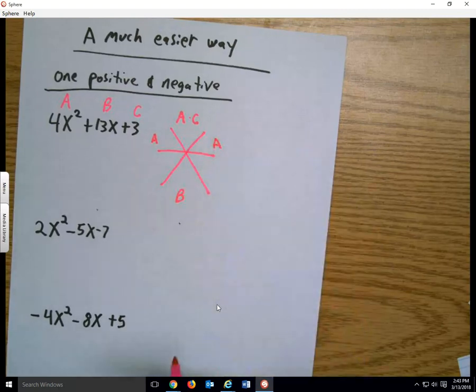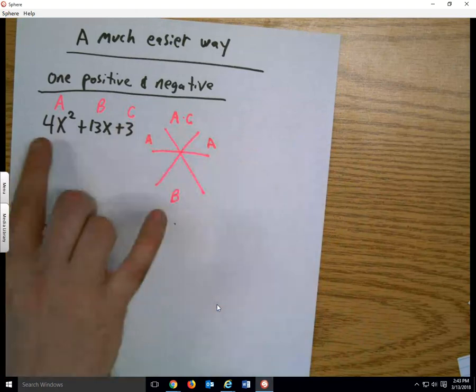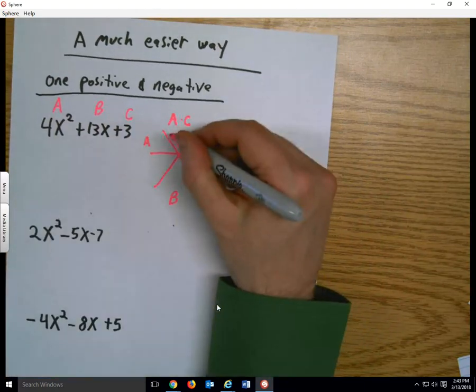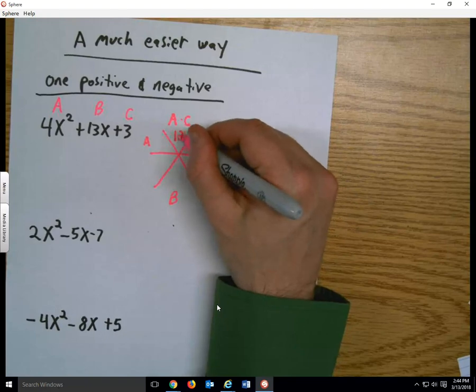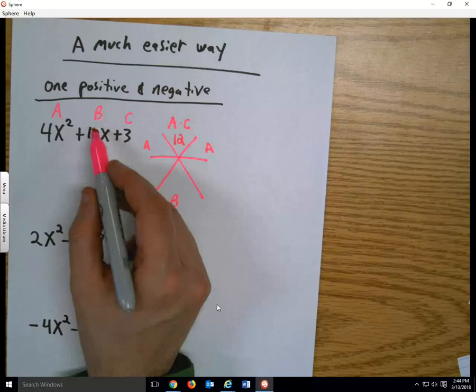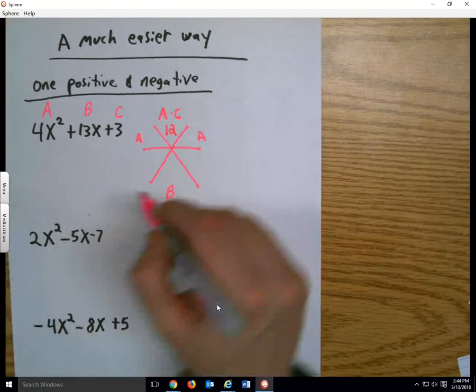It's pretty simple. Okay, so let's go ahead and do that. A times C. Well, the A term is 4, and the C term is 3. 4 times 3 is 12. The B term, which I remember as the B goes on the bottom, as the letter B stands for the word bottom, is 13.